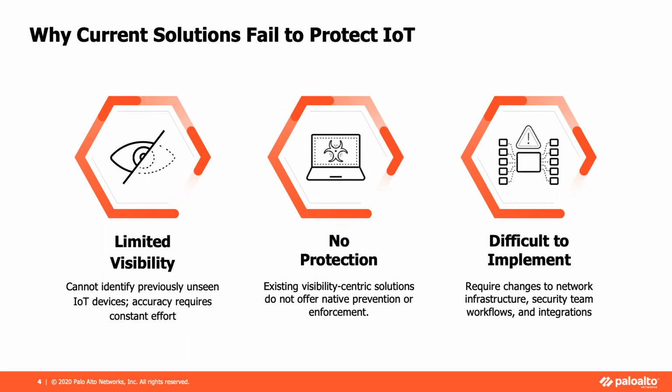There's also the fact that they're very difficult to implement. You know, it's really difficult when you have to have changes in your network, or you have to have different probes and different sensors deployed in your network to identify these devices.